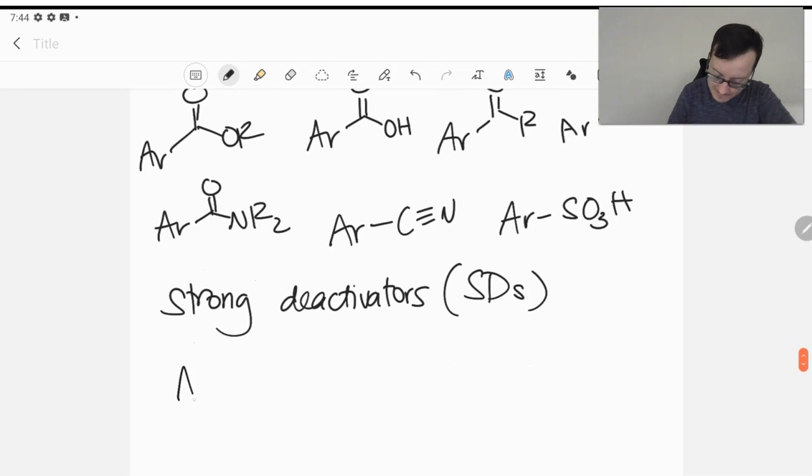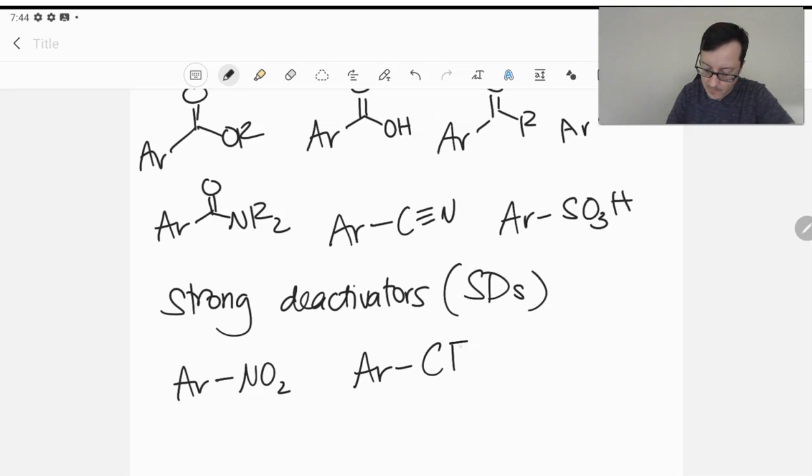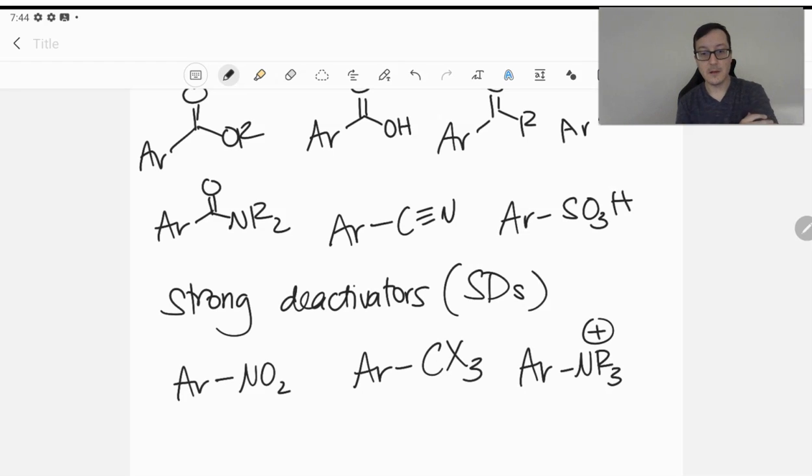And these will be our nitro group. Nitro is a strong deactivator, very electron withdrawing. We see, generally speaking, a trihalocarbon, so something like a trifluoromethyl group will be very strongly deactivating because that carbon has so little electron density it's going to withdraw. And then we have quaternary ammoniums.